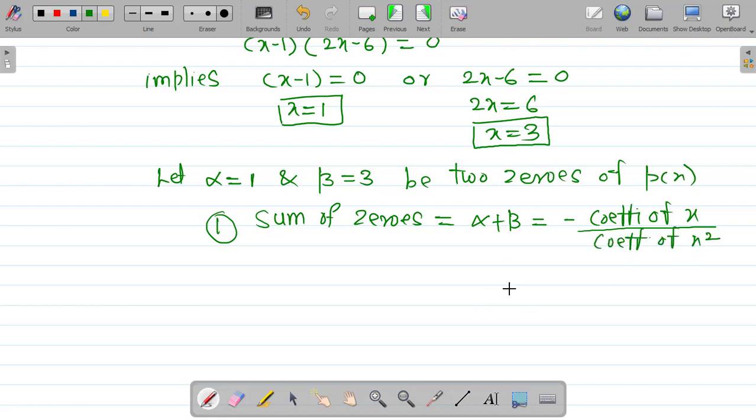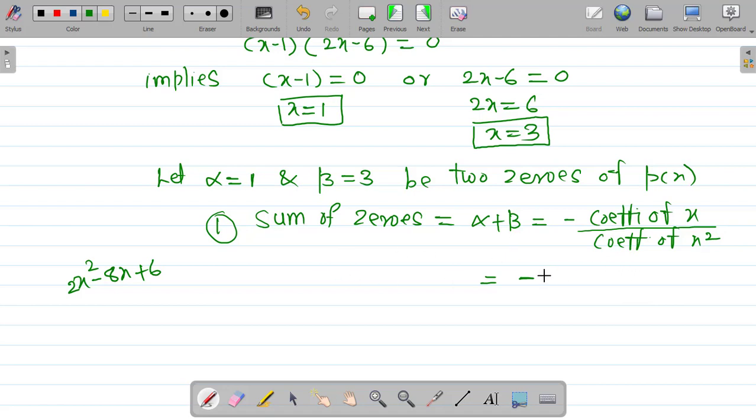So we will verify this. Minus as it is, and what was the polynomial? The polynomial was 2x square minus 8x plus 6.